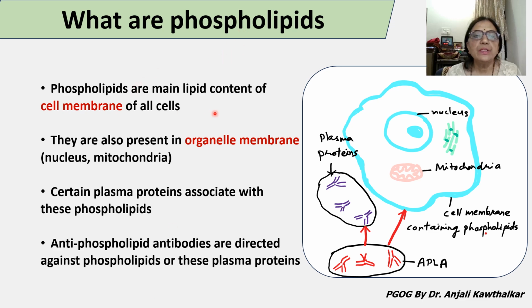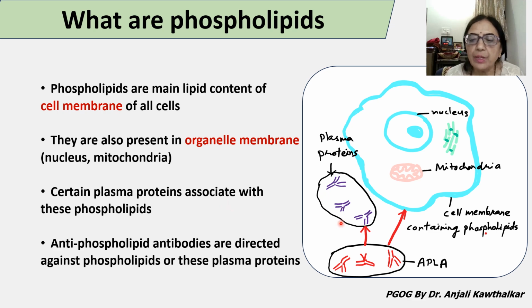What are phospholipids? These are the main lipid content of the cell membrane of all cells. They are also present in organelle membranes, such as over the nucleus as well as over the mitochondria. This is the mitochondria, this is the nucleus. Certain plasma proteins associate with these phospholipids.